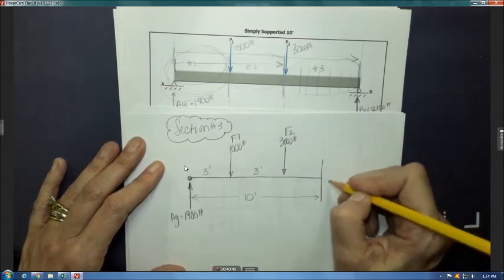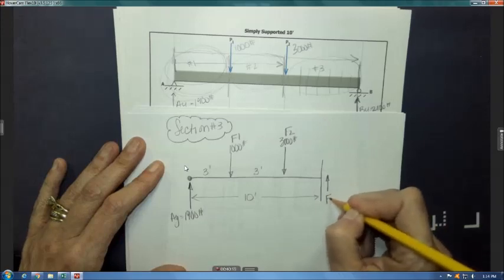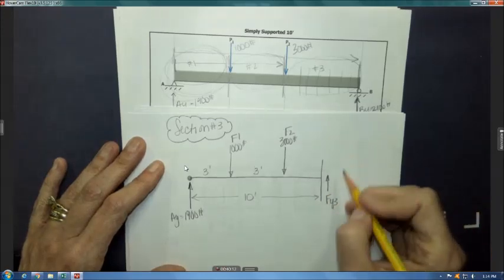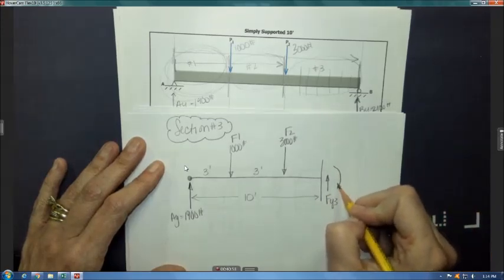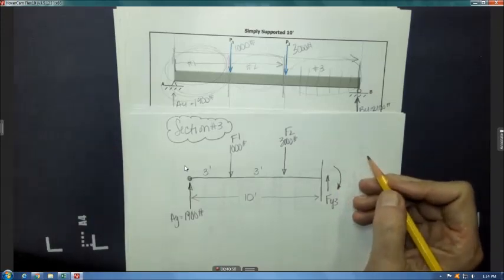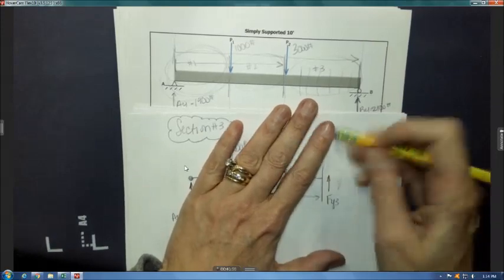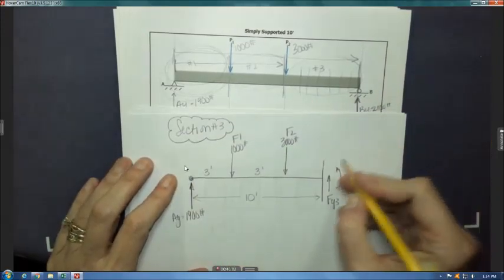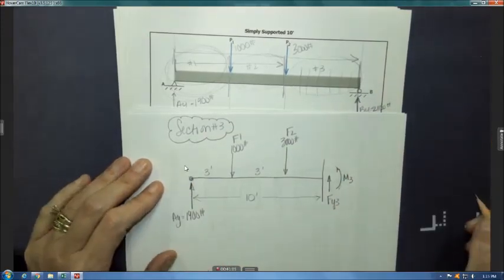Okay, so I'm going to have an FY3, and then I think my moment switches. I'm pretty sure. Maybe not. We'll keep my M3 going this way. Okay.